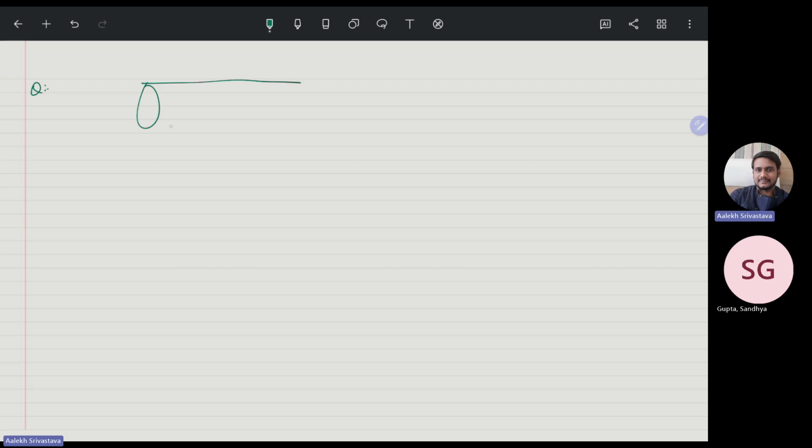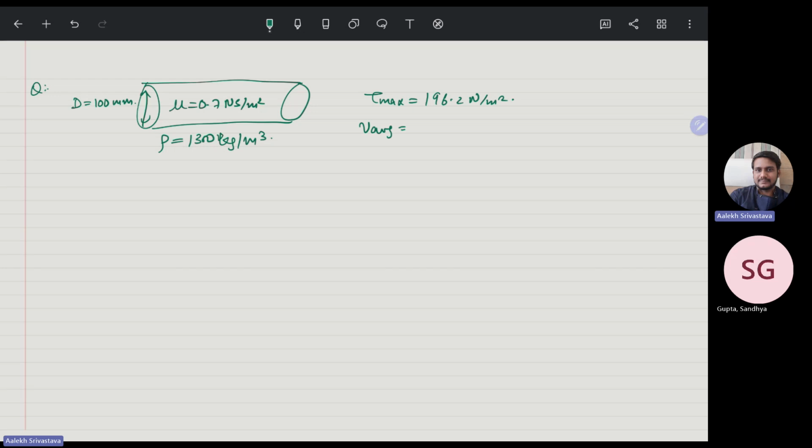So in a pipe, a flow is happening in which the fluid viscosity is given as 0.7 Newton second per meter square, and specific gravity is 1.3, so rho is 1300 kg per meter cube. Then the diameter of the pipe is 100 mm. And the maximum shear stress on the wall, tau max, is given as 196.2 Newton per meter square. And you need to find what is the average velocity.